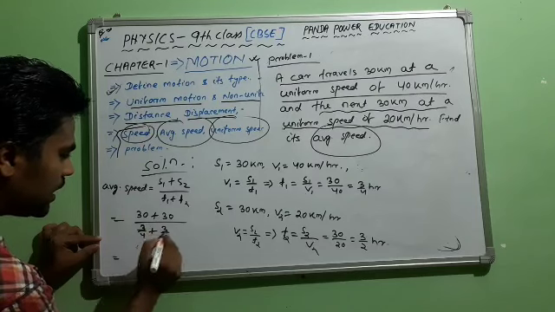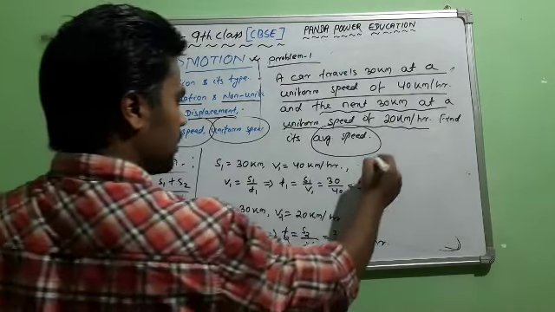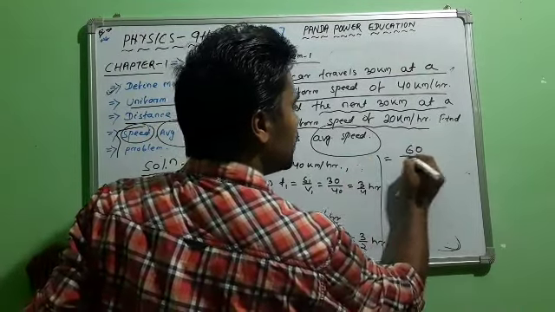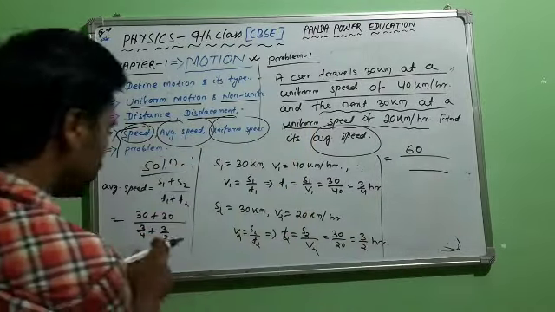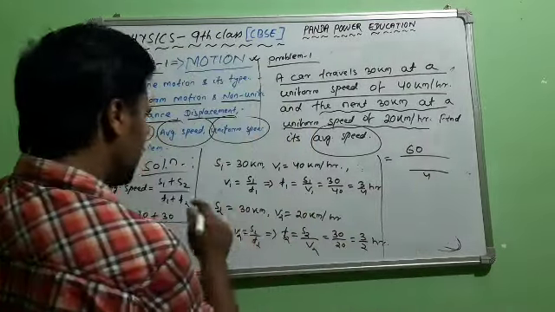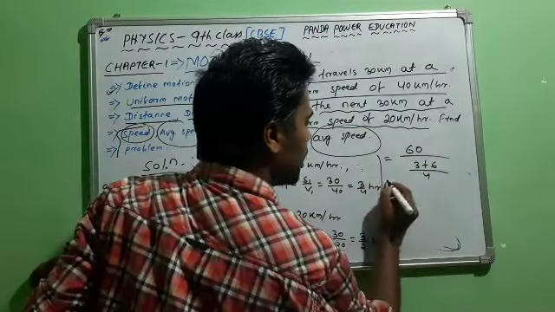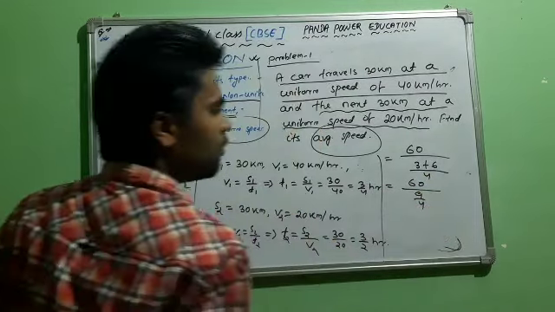Now, writing here, 30 plus 30 is 60, divided by, I am taking LCM 4, so here 3 plus 6. Got it? Now 60 divided by 9 by 4.